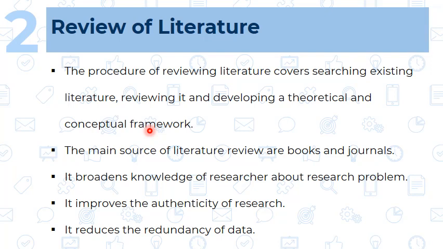So whenever we make the literature review, we come to know what kind of study has been done so far on this research problem, so as to avoid duplicacy or redundancy. So it improves the authenticity as well as reduces the redundancy. So review of literature is very important, and it is the second step.